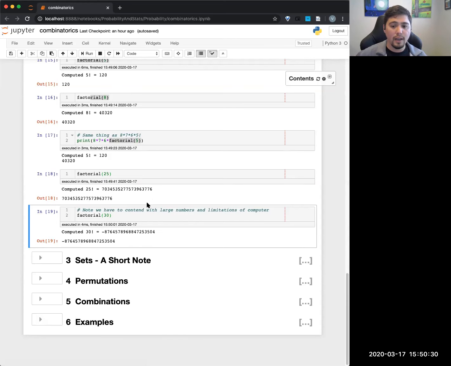Cool. Any questions? Factorial, pretty straightforward. Understand? Yeah, go ahead. So then what do we do if we want to calculate a larger factorial? Good question. My initial answer is try not to.